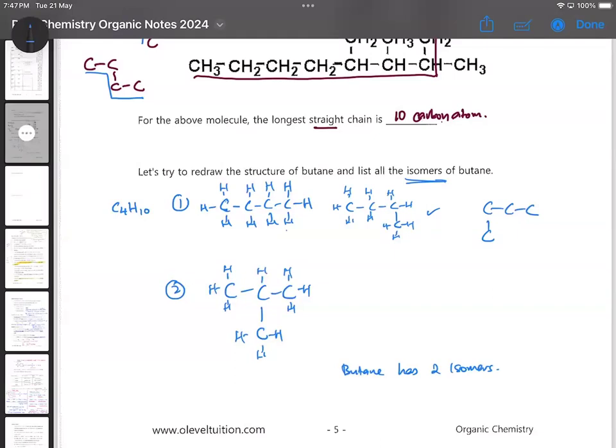Anyone with any questions for this? The whole objective is to get a structure that looks entirely different.